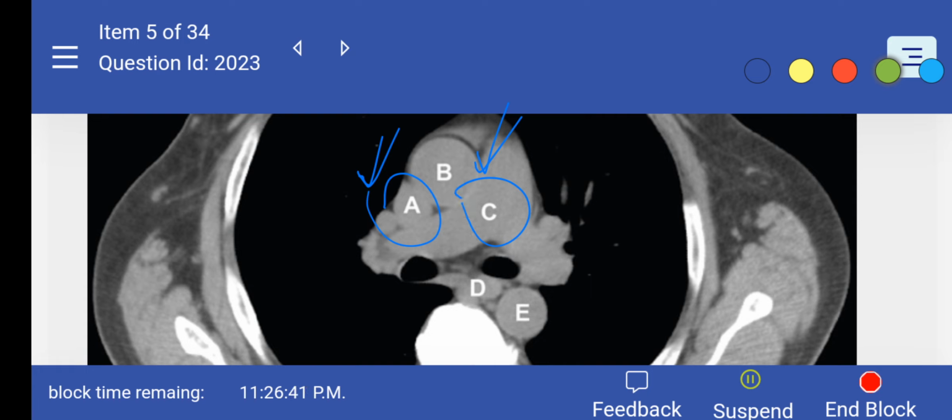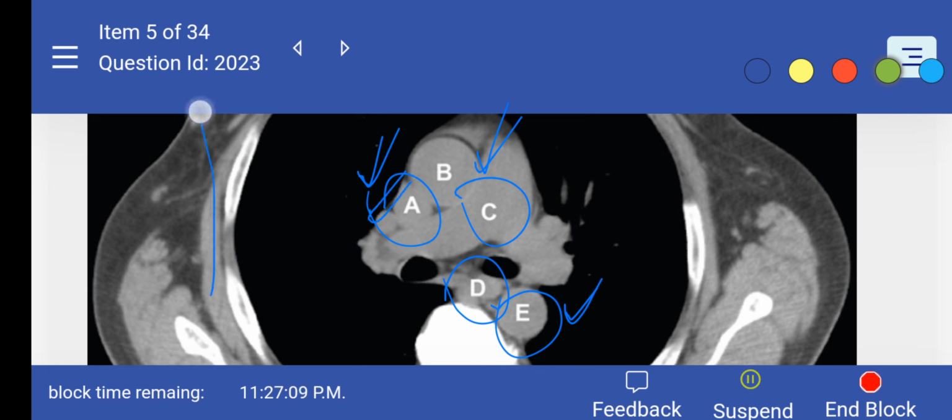And over here they have played a trick. This one they have represented with D, but this is not a descending aorta. This is the esophagus, right? While this one, which they have represented with E, would look like the esophagus, but this is not the esophagus. This is the descending aorta. So the correct answer is option A.